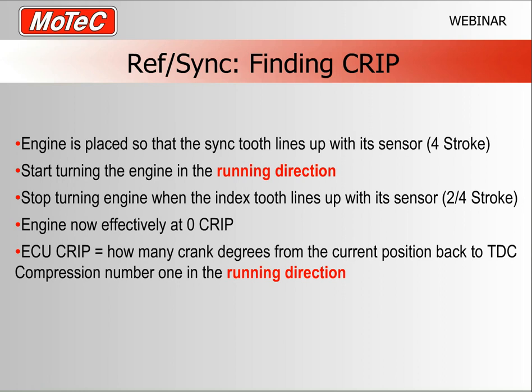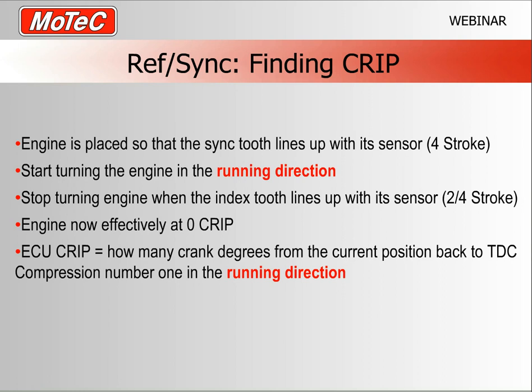Now for a 4-stroke, as I mentioned before, we're going to have this sync tooth because the crank goes around twice in one cycle. So if we wind the engine over until the sync tooth lines up with its sensor, now on most engines you might actually have to pull the sync sensor out of its mount so you can see the sync tooth.